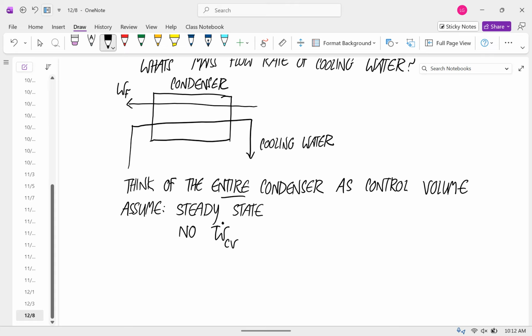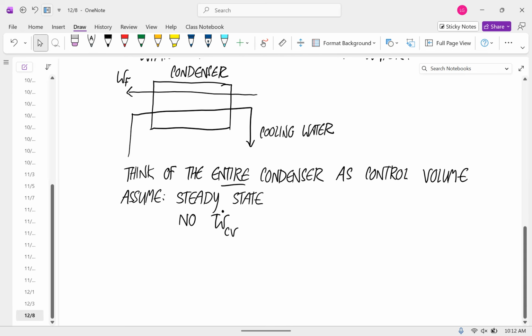And then here's one that at first seems a little surprising. But we're also going to assume that there's no heat transfer for the control volume. Well, the whole idea of a condenser is heat transfer. But notice that all of the heat transfer we want is occurring inside our new control volume, which is the whole condenser. Are you with me on that?